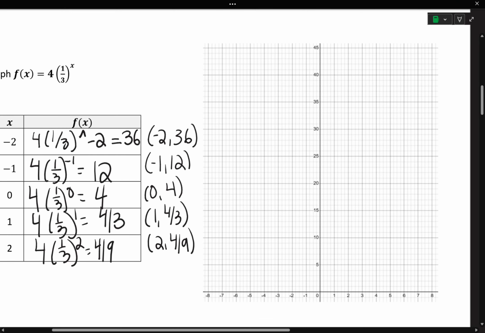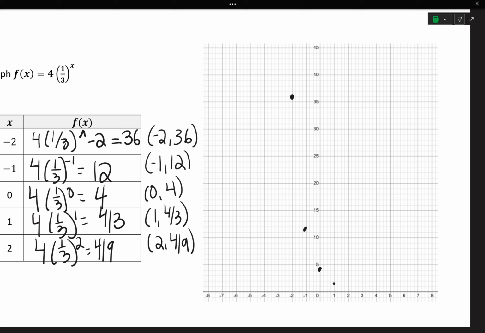Okay, -2, 36. It's going to be right here. That's negative. Yep, okay. -1, 12 is down here. 0, 4. 4/3 is 1 and 1/3. So I think it's here.